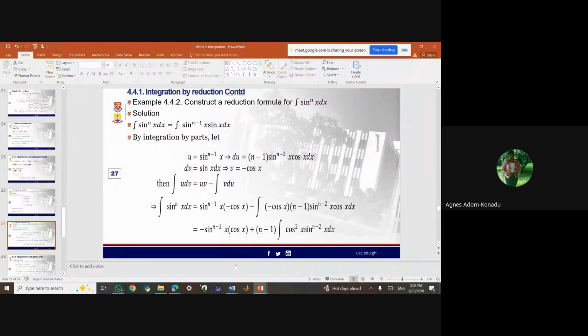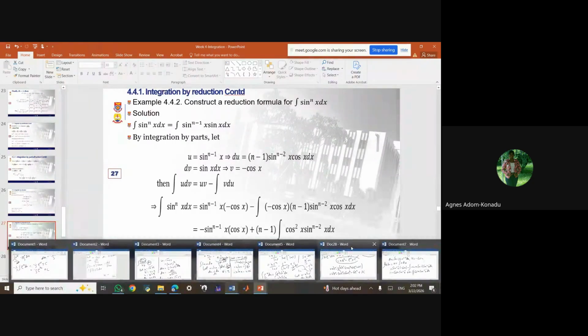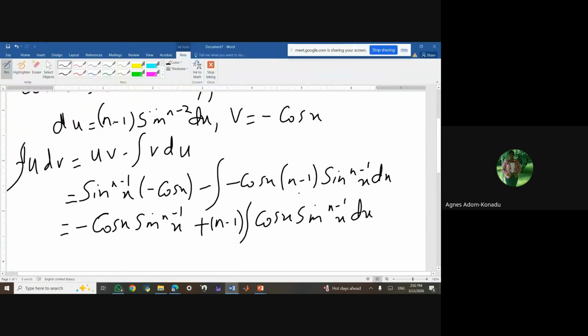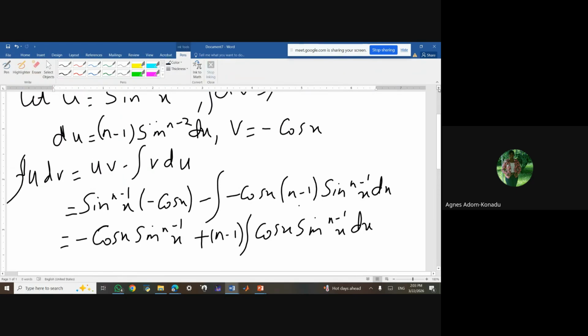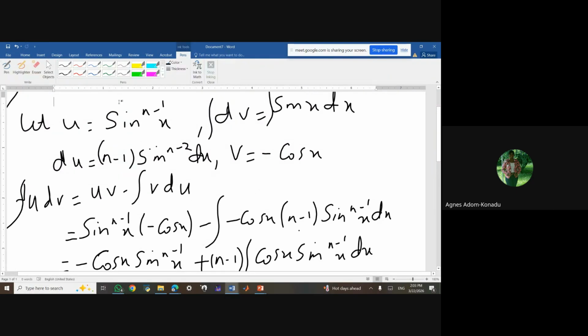So let's see if we are on the right path. Okay, something is missing somewhere. Oh, we didn't finish with the differentiation. When we differentiate u, we didn't finish. Can you see that? When we differentiate this, we are supposed to get n minus 1 sine n minus 2, then the differential of sine.